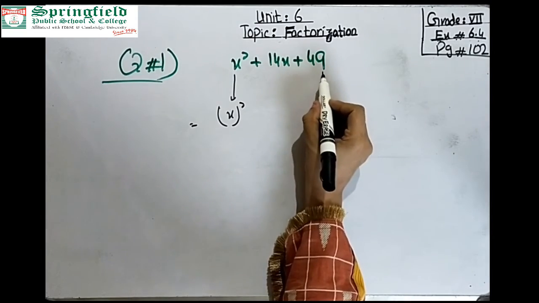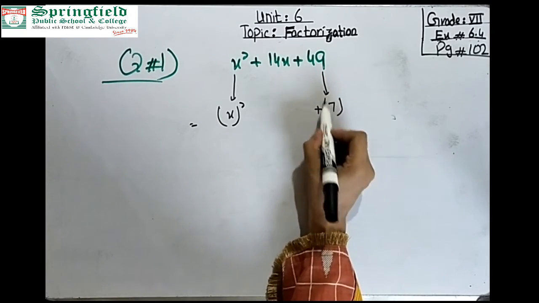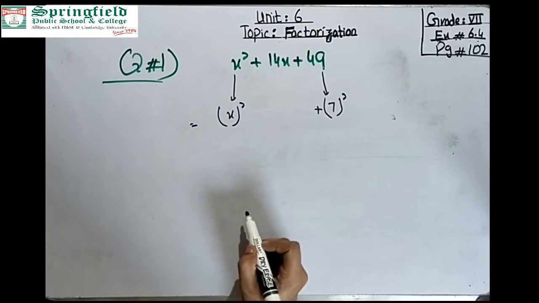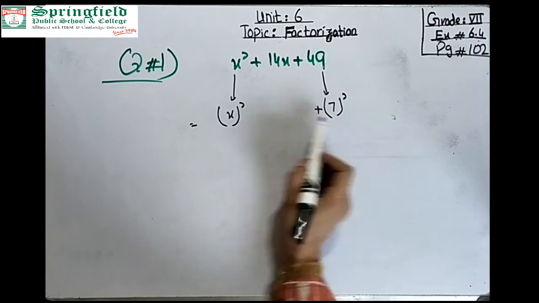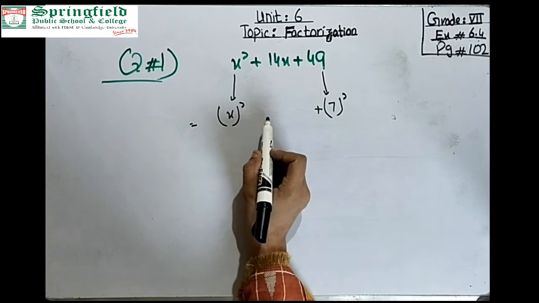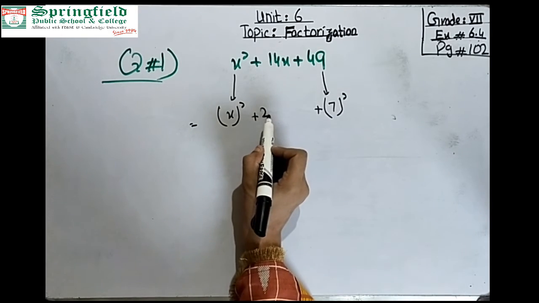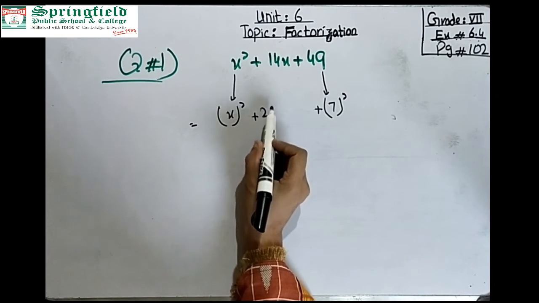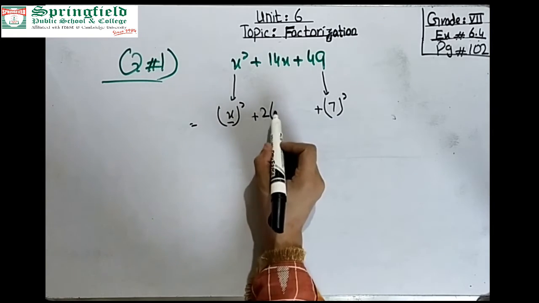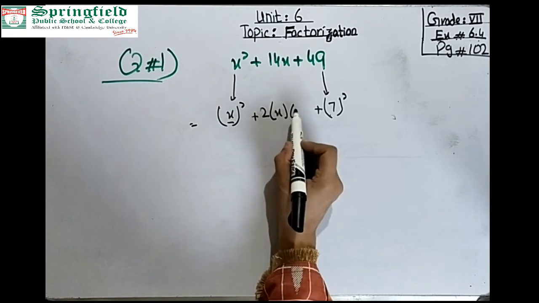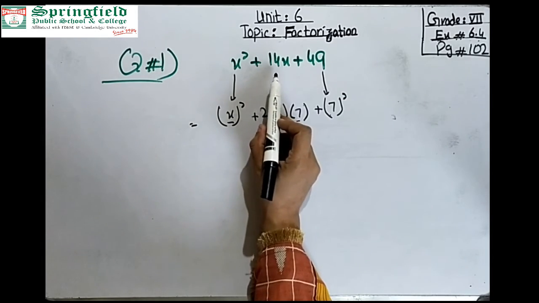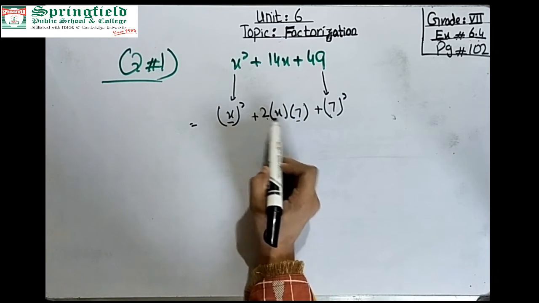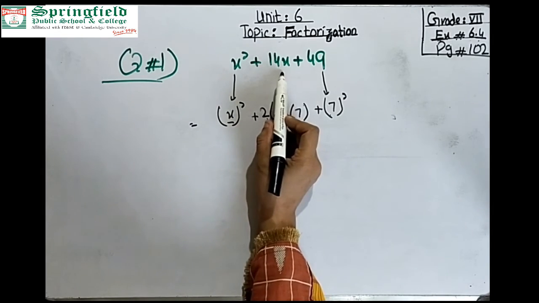Plus, now 49 is the square of 7, so it can be written as 7 square. So a square and the last term is b square. So what is the middle term? 2ab. So 2 is fixed. Fine. a is x and b is 7. So keep in mind that the multiplication of these terms must be equal to the middle term. So 2 sevens are 14x, and 14x.